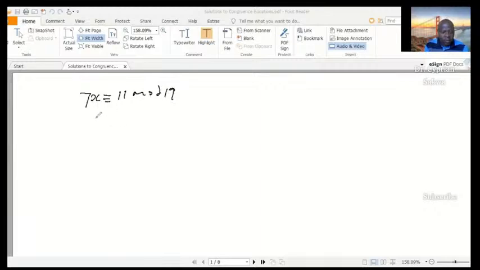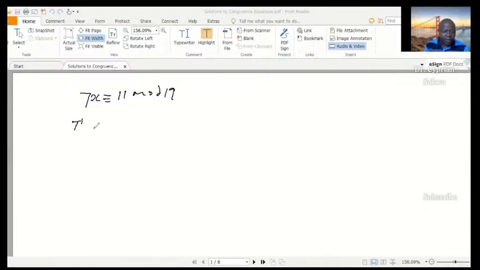So for me to do this using Euler's theorem, I would first of all check if this number and this 7 have GCD of 1. If they have a GCD of 1, then I can proceed and find the inverse of 7.